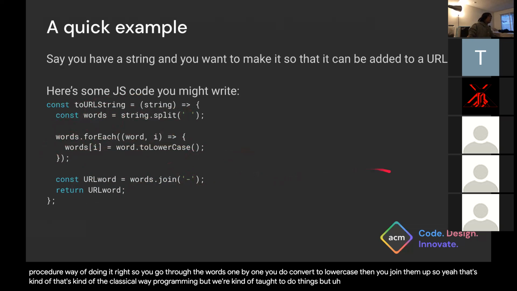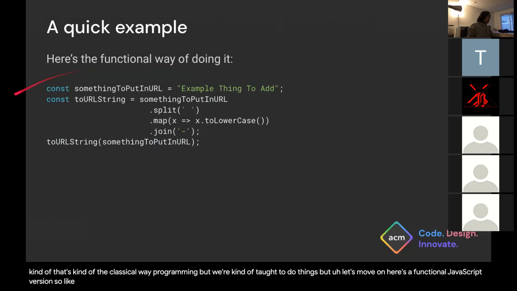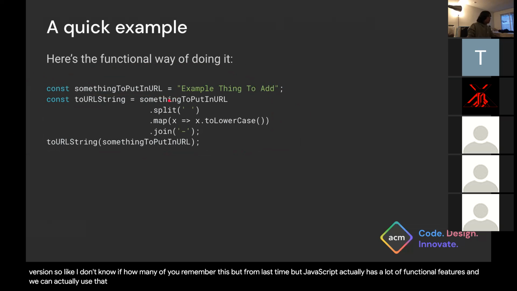But let's move on. Here's a functional JavaScript version. I don't know how many of you remember this from last time, but JavaScript actually has a lot of functional features, and we can use that, and it's used really well here. So here we have a function. This function does exactly the same thing as on the previous page.